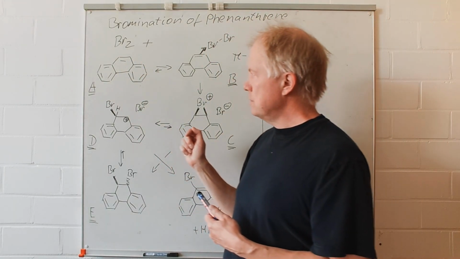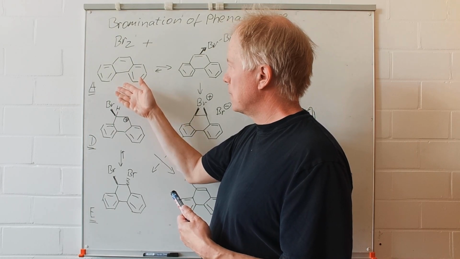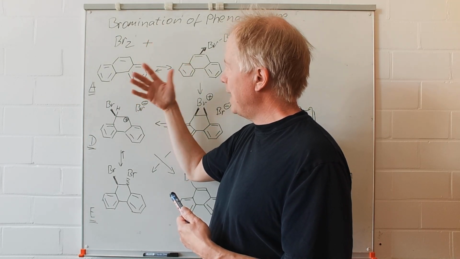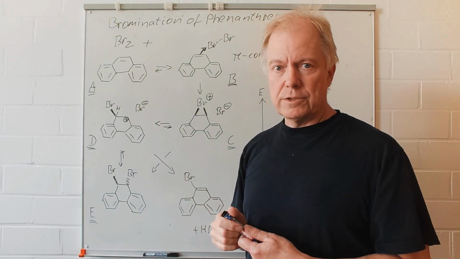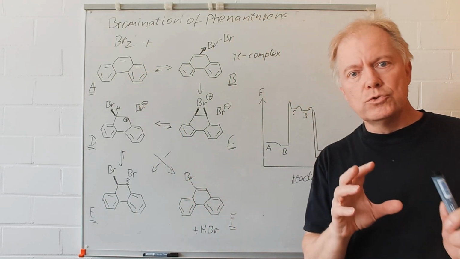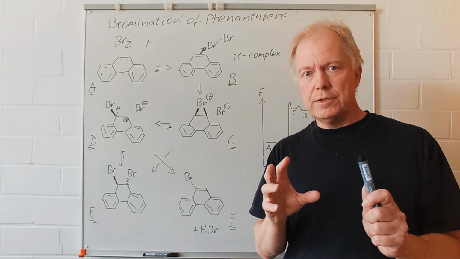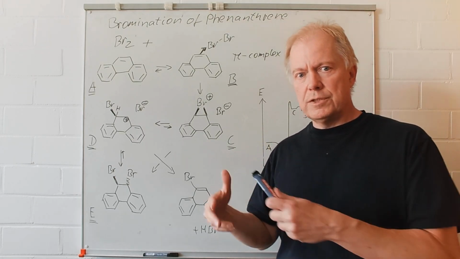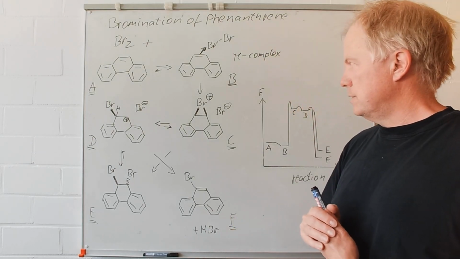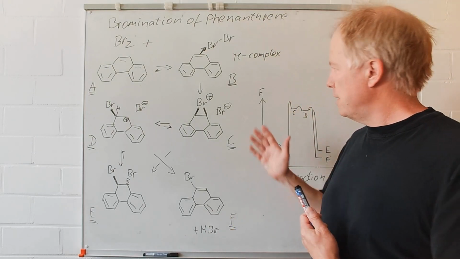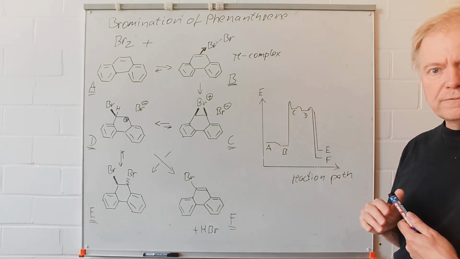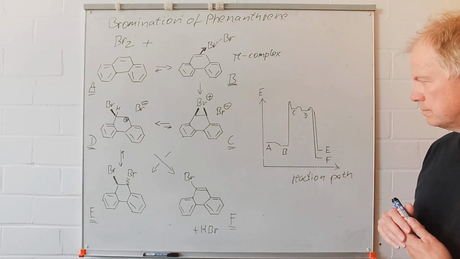We start with the situation where we have bromine and will add it to phenanthrene, normally a solution of phenanthrene in some kind of neutral, non-participating solvent. Let's have a look at the energy reaction pathway diagram.